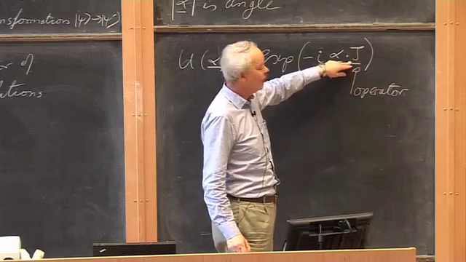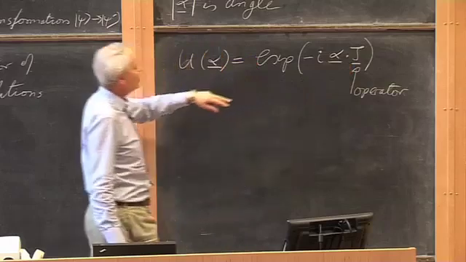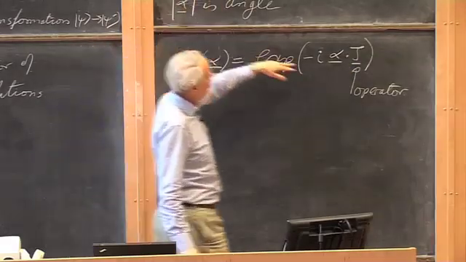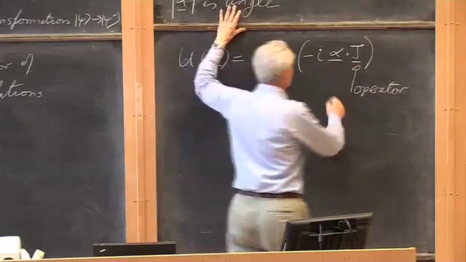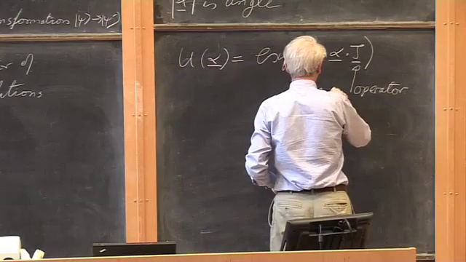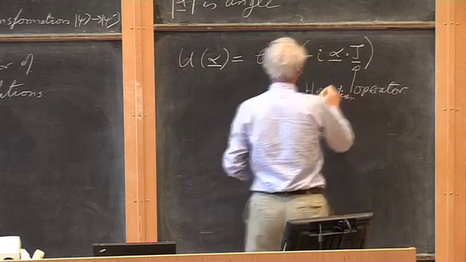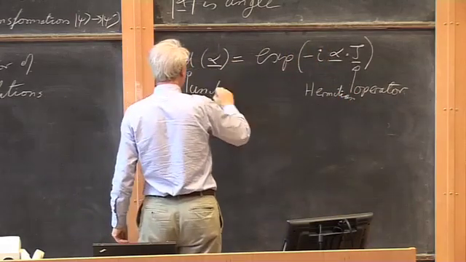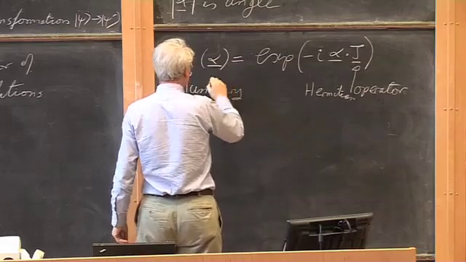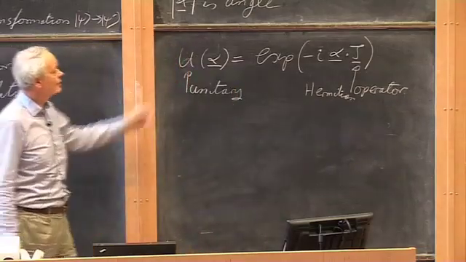So it's a set of three operators, Jx, Jy, Jz. They must exist, and it's going to be Hermitian, because this operator is going to be unitary. And we've shown the connection between Hermitian operators and unitary operators.